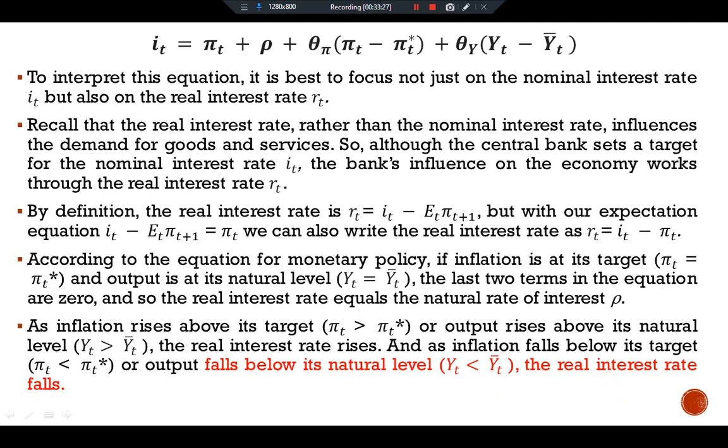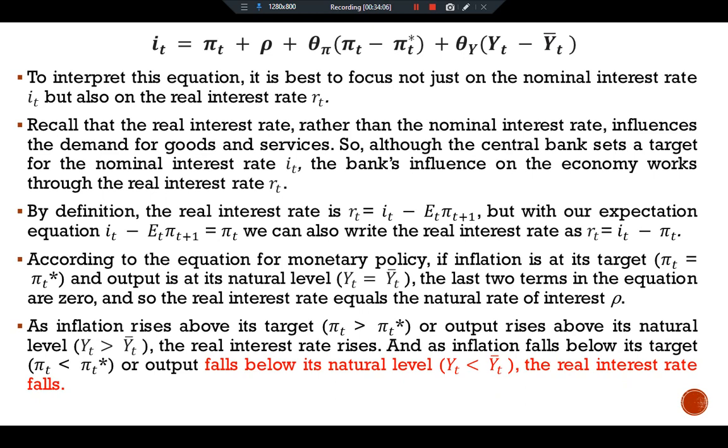At this point, one might naturally ask, what about the money supply? In our previous sessions, we highlighted that the money supply was typically taken to be the policy instrument of the central bank, and the interest rate adjusted to bring money supply and money demand into equilibrium.